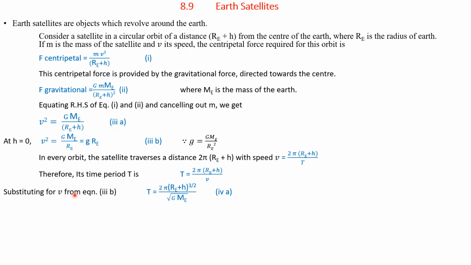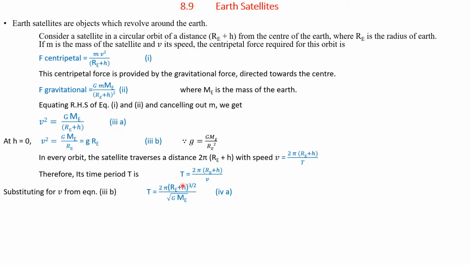Substituting for v from equation 3a, we get T is equal to 2 pi into Re plus h whole to the power of 3 by 2 divided by square root of G into ME.